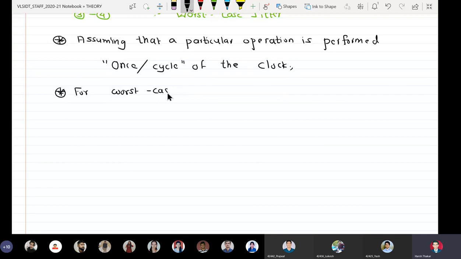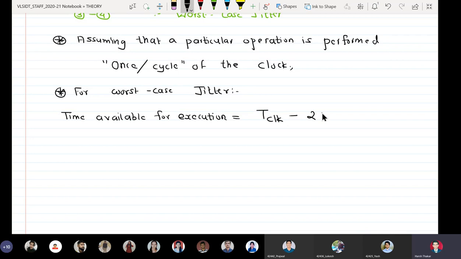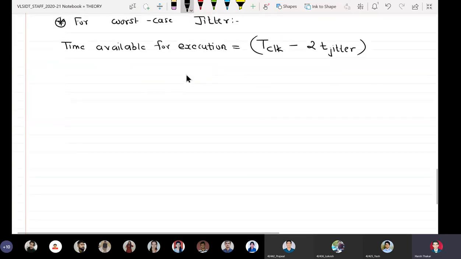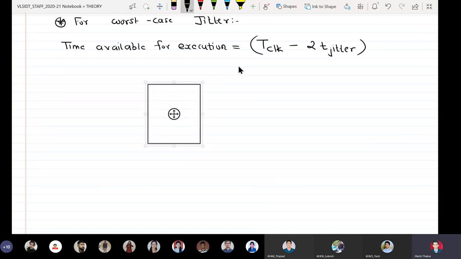For worst case jitter, time available for execution is equal to original clock period minus 2 times T jitter. Okay, now let us assume a system which is sequential in nature, and it has a combinational cloud somewhere here.